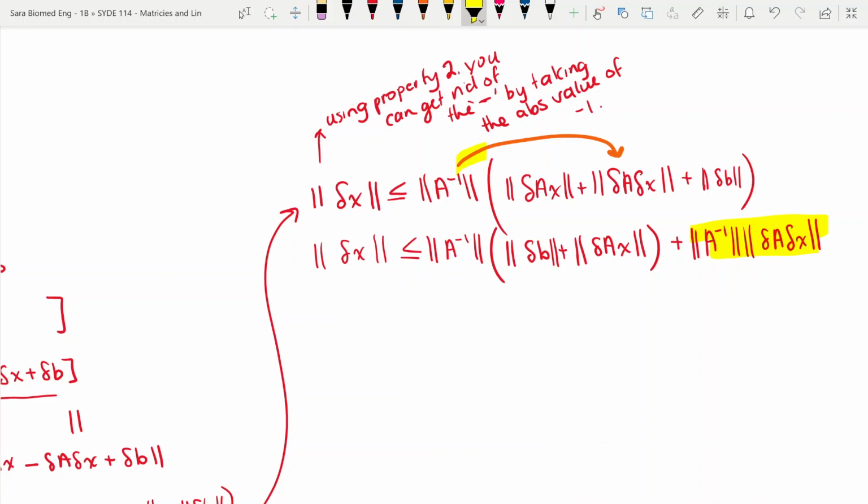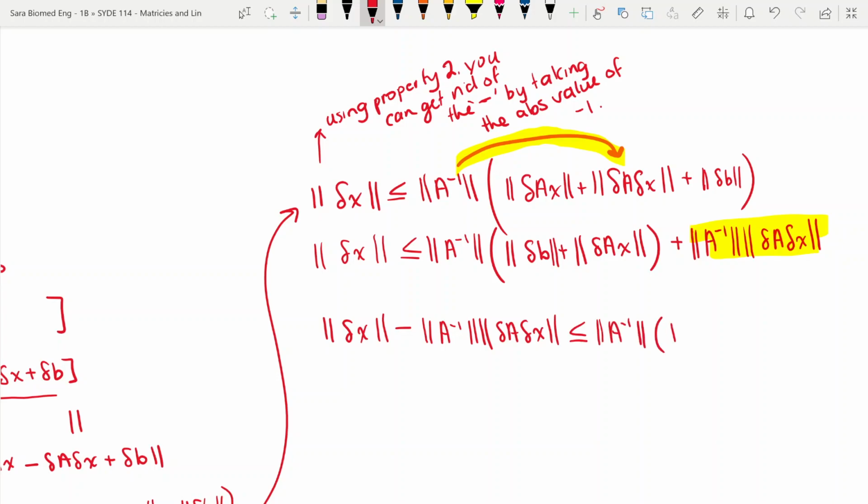So it's going to be the norm of delta x minus the norm of A inverse times delta A delta x, which is less or equal to the norm of A inverse times this bracket over here. Okay, so what we're trying to do is isolate delta x. Right?